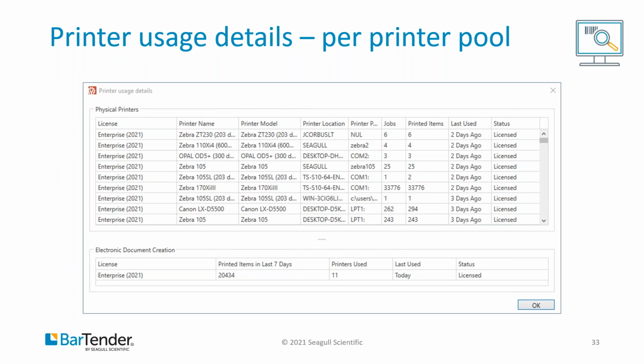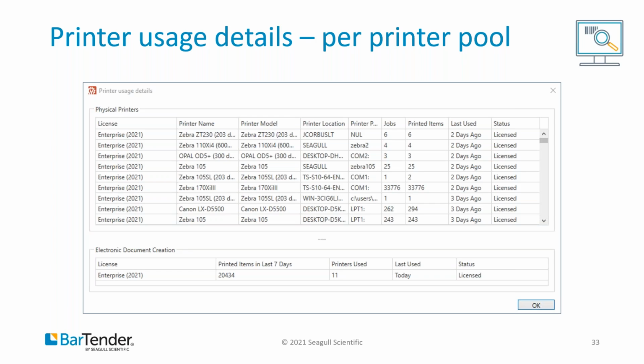Now we can actually access printer usage details per printer pool. I'll show you this in the actual software. You click on a little icon, and it will bring up printer usage details and statistics.